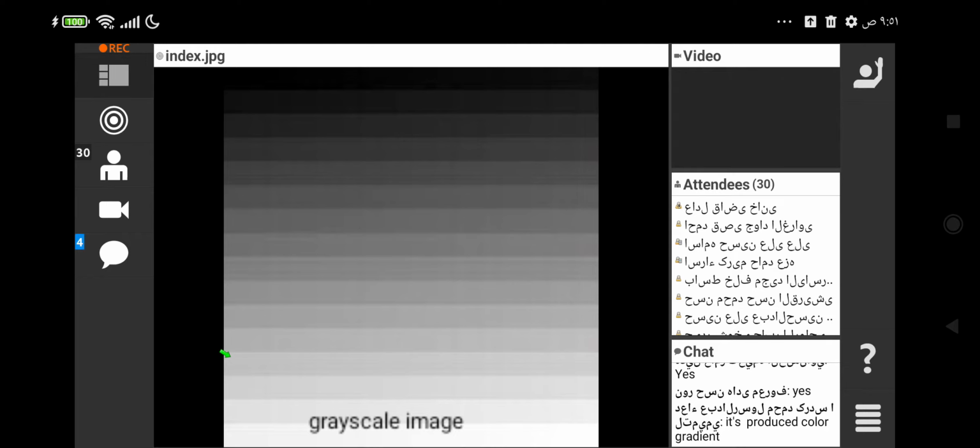They start from black, which is 0, and come until they reach white. White is the highest value in the black and white image. So these are the pixel values that we have in a black and white image. Let me write it for you.